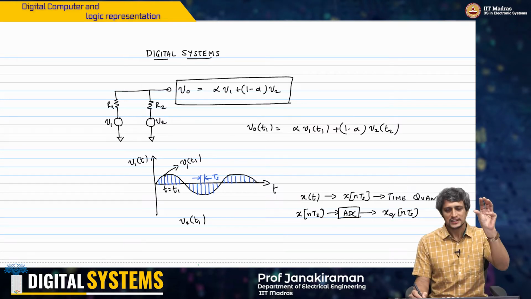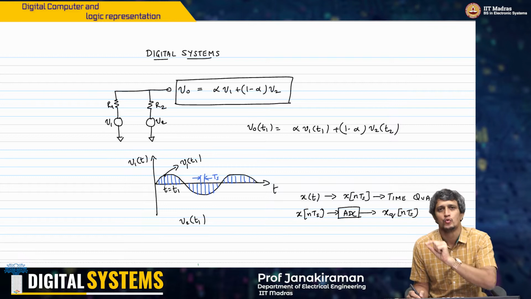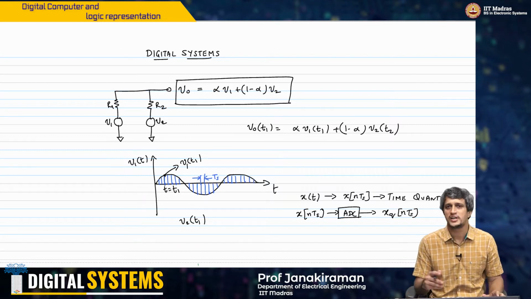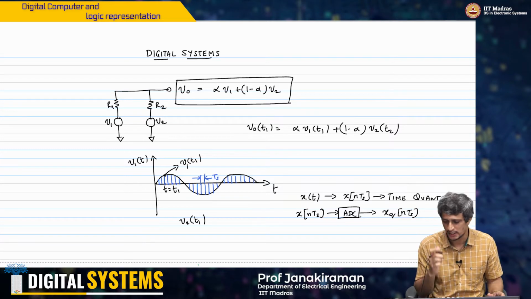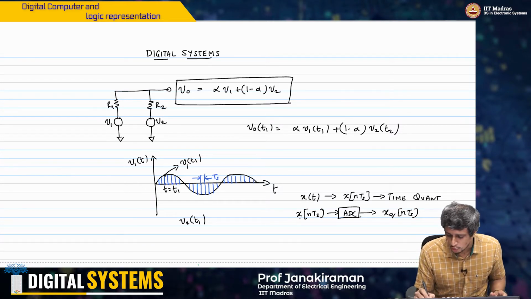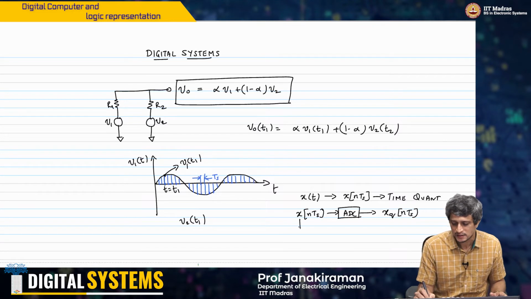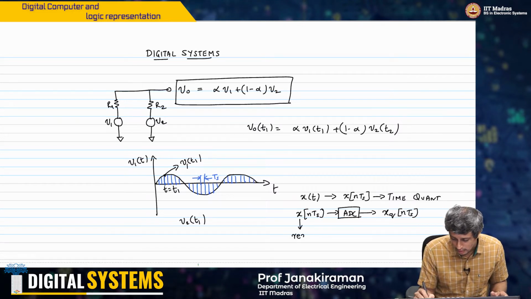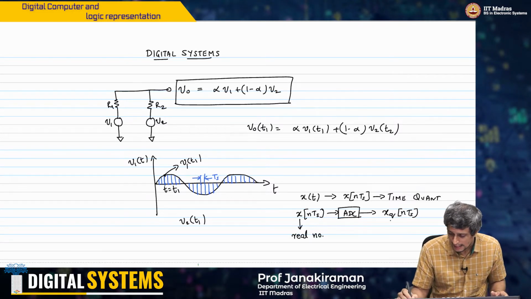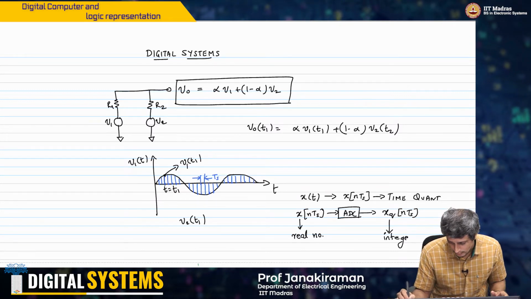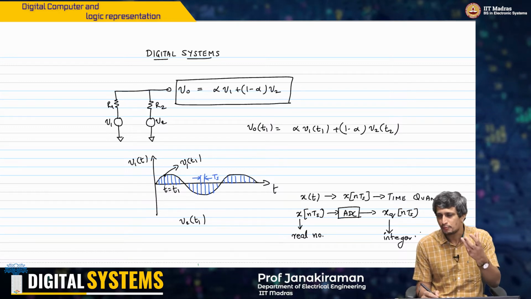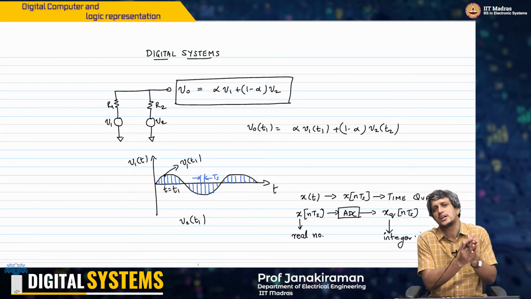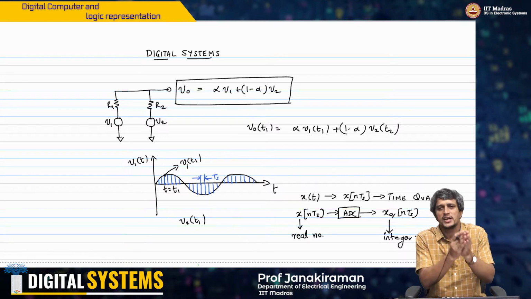You give x, you get xq as the output, which is determined by that staircase waveform that we had studied. So x of nTs could be a real number and xq some integer, and we had also seen briefly that this integer can be converted to a binary number.